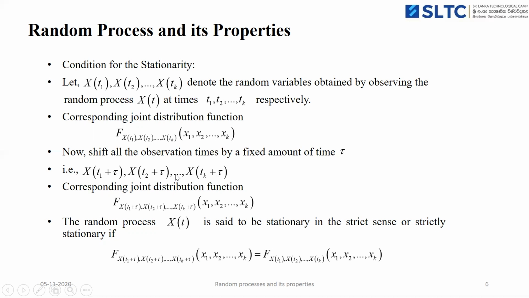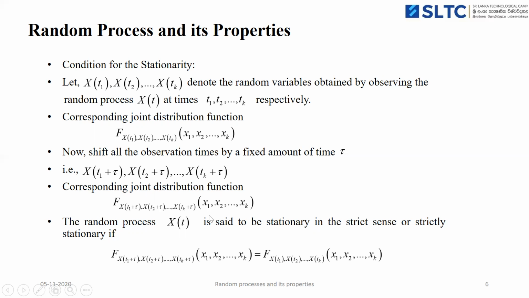This is another set of random variables observed after shifting by some amount of time tau. Then we can observe the corresponding joint distribution function for the set of random variables with the shift in time. So we are getting the joint distribution function F x of t1 plus tau, x of t2 plus tau, and up to x of tk plus tau.